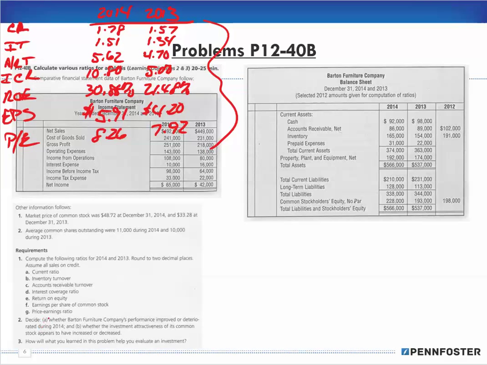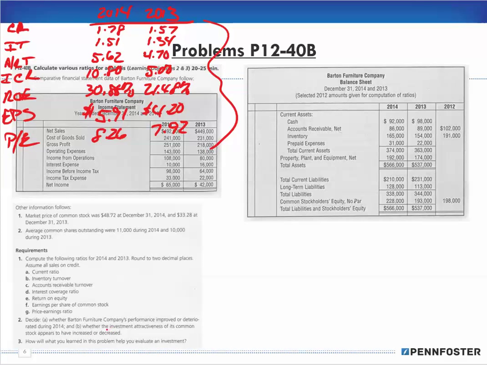Right, so it says here, to decide A, whether Barn Furniture's performance improved or deteriorated during 2014, and B, whether the investment attractiveness of its common stock appears to have increased or decreased.